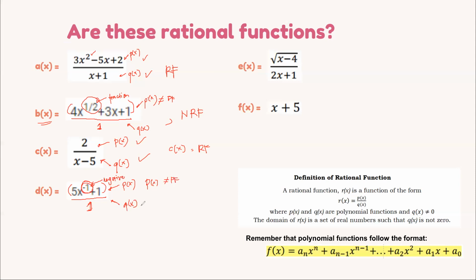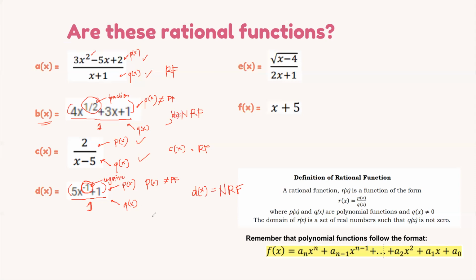Q of x is a polynomial function, a constant function. But since P of x is not a polynomial function, then the whole D of x is not a rational function, just like B of x.